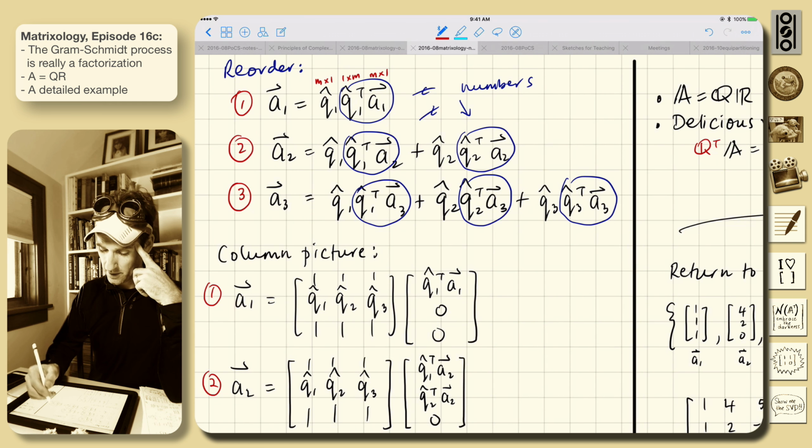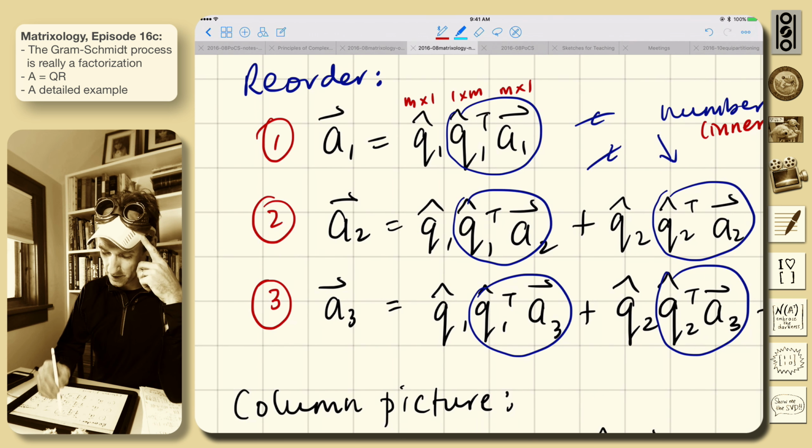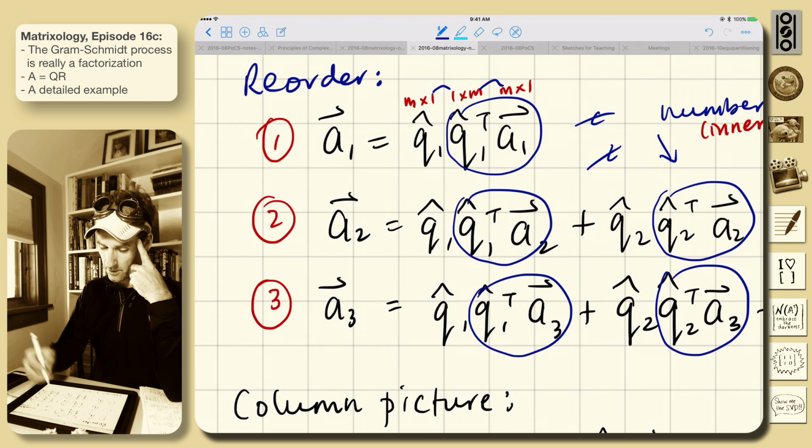So these are inner products. This is a well-defined matrix multiplication, right? These things all match.